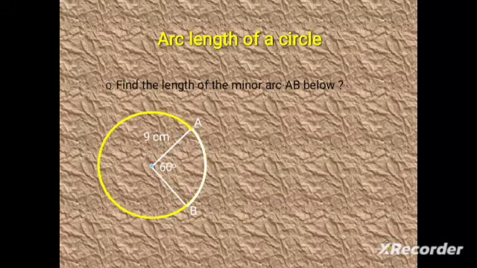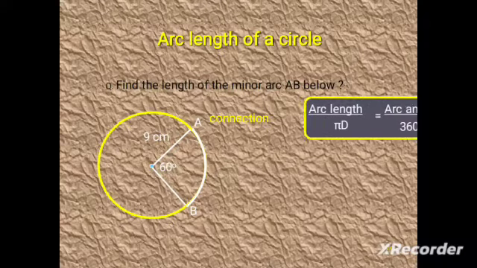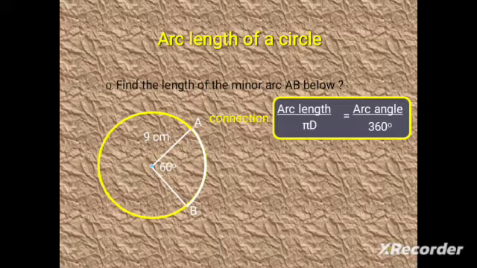Another example: find the length of the minor arc AB, and we use the same method. Having known that the radius of this circle is 9 centimeter, and arc AB, that is the minor arc, subtends an angle of 60 degrees to the center of this circle.